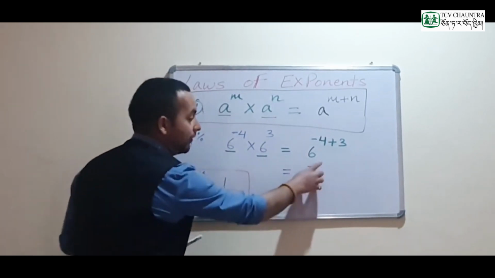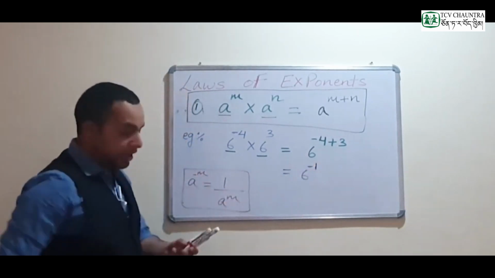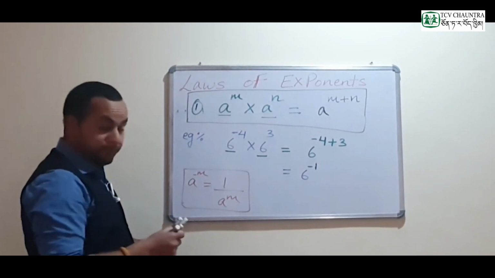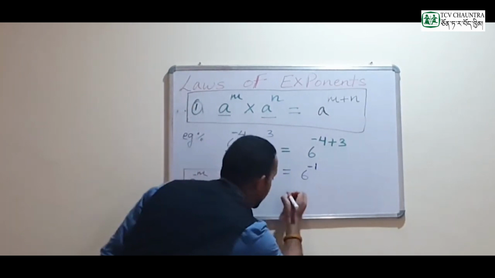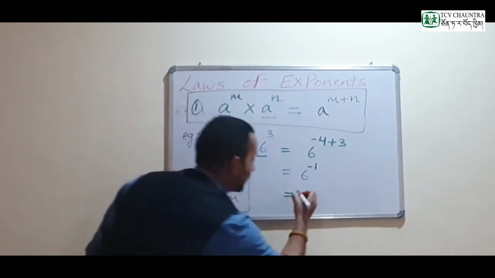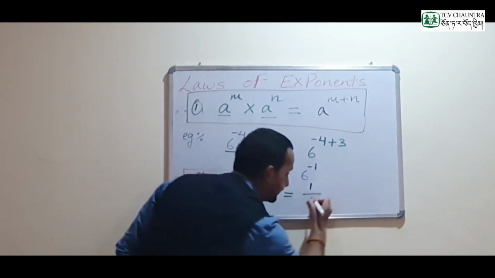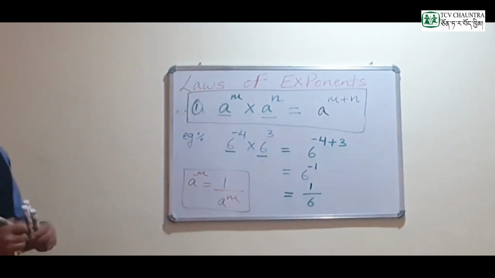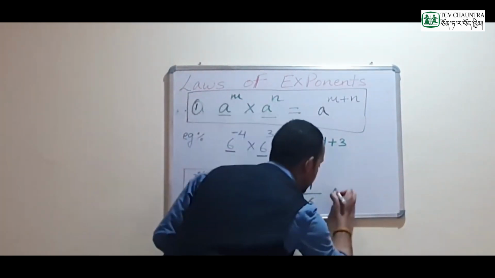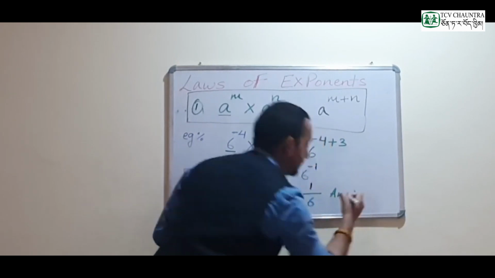So 6 raised to power minus 1 is the negative exponent. Now convert this into positive by taking the reciprocal, which means 1 upon 6. So 1 upon 6 is your answer.